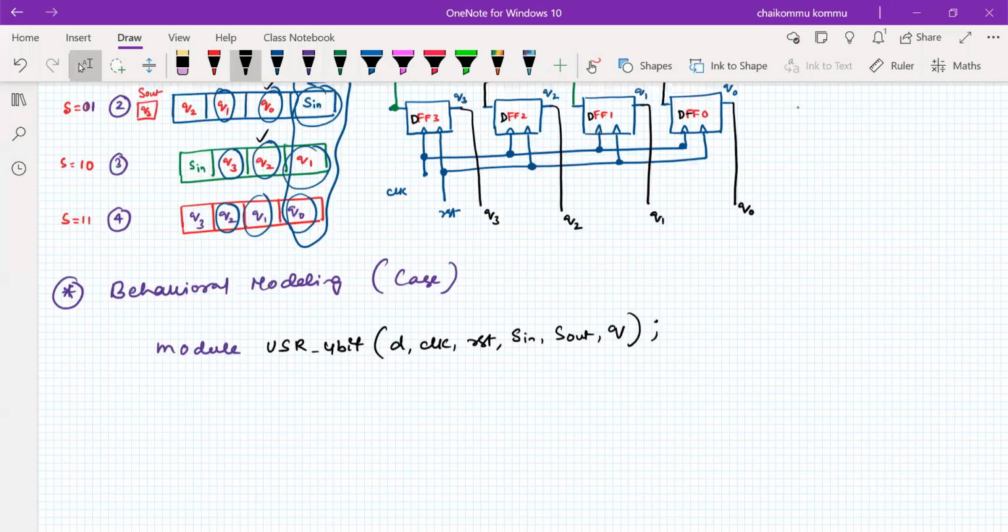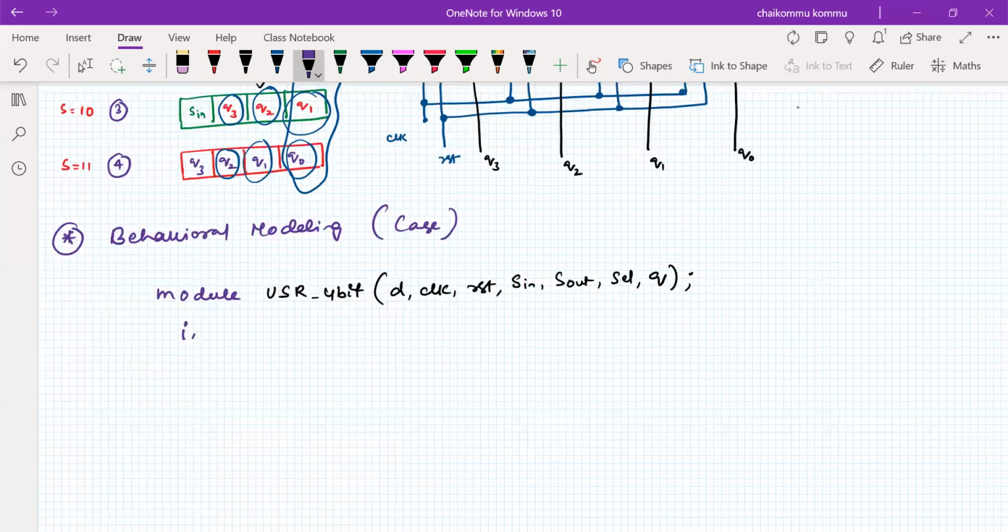Selection lines, SCL, comma, Q. Okay. Next, what are the inputs here now? Clock, comma, reset are the same size, and SIN also the same size.